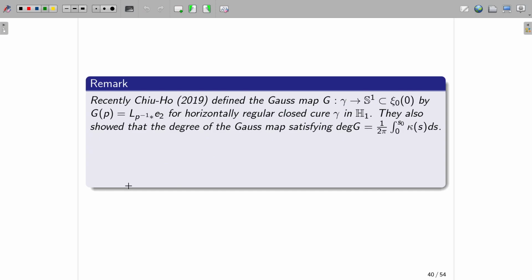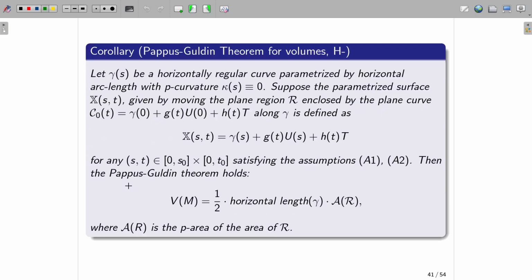And okay, I think I skipped these slides. Okay, and we are asking when the volume is equal to the P area times the horizontal length of gamma. So now we have a tube, right?